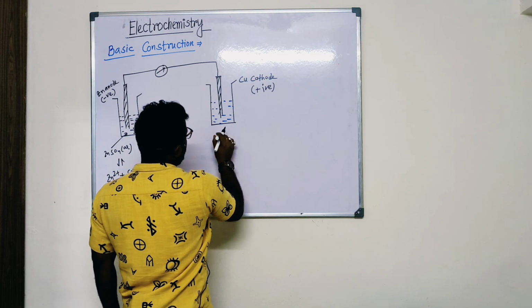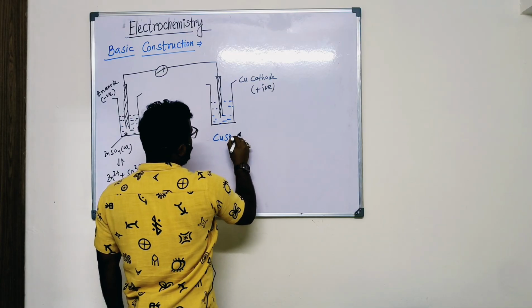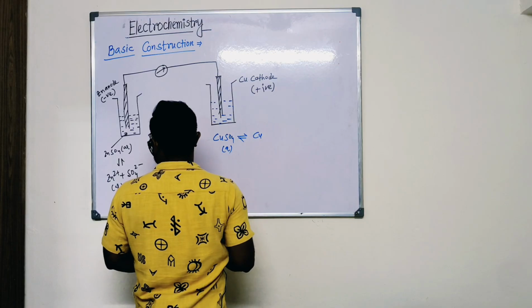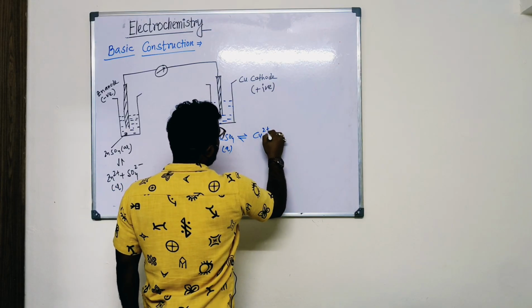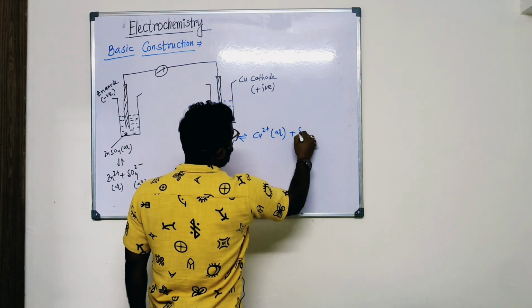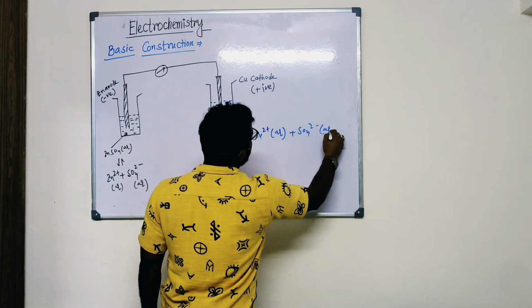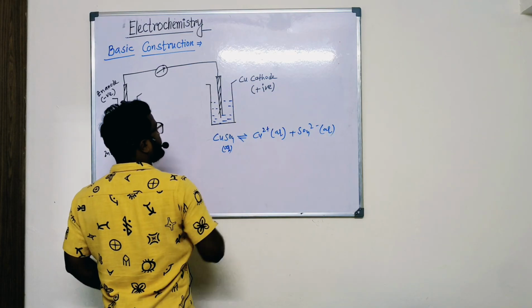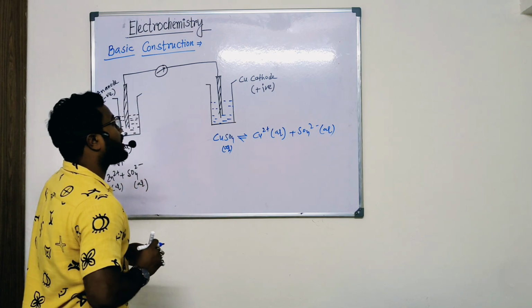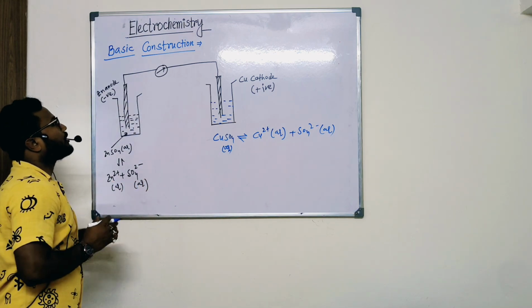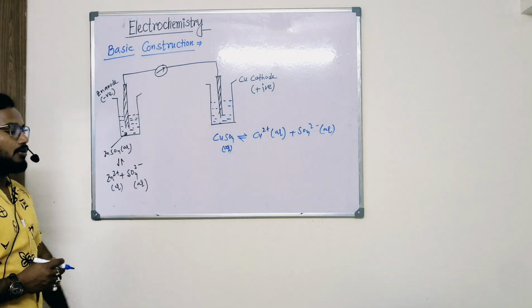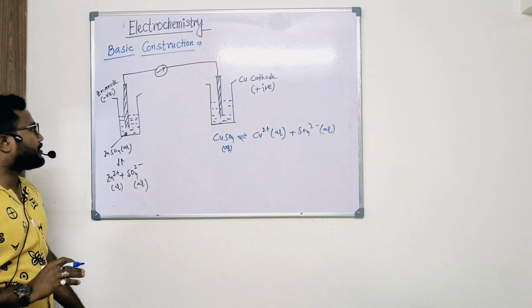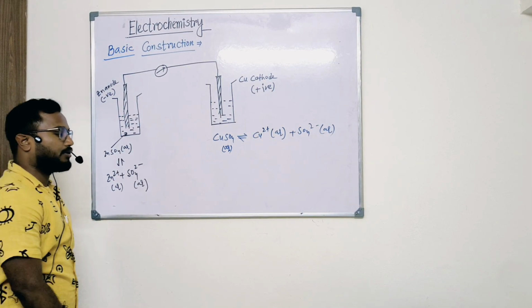It breaks as Cu2+ aqueous plus SO4 2- aqueous, and copper sulfate is in aqueous state. This is our cathode terminal and this is the anode terminal. Generally we connect a salt bridge, but before the salt bridge, let us discuss a few things about these parameters.